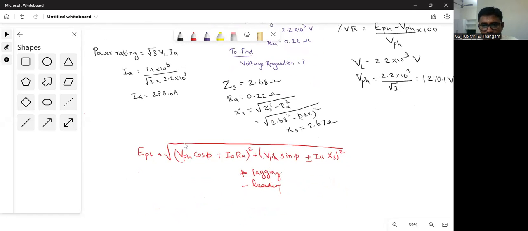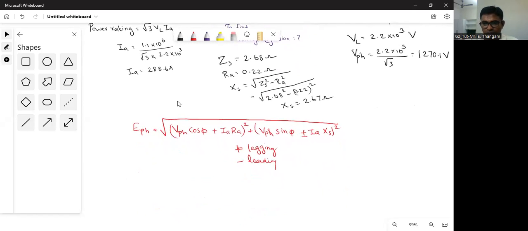We can substitute all the values and we will get E phase. Don't make any mistake while typing the values in the calculator. Since it is a lengthy expression, we need to calculate carefully.